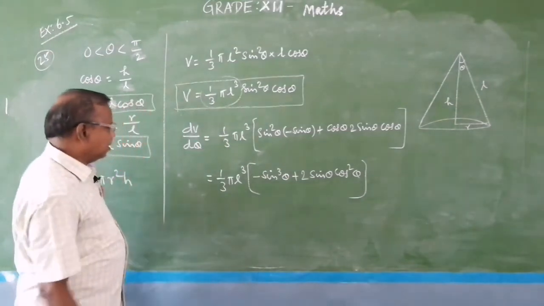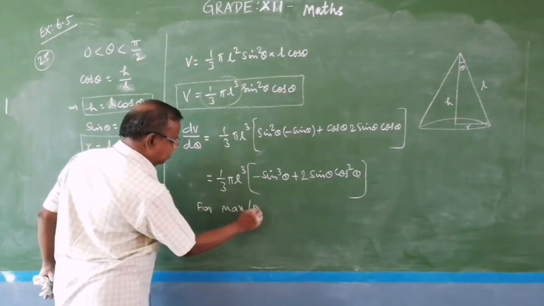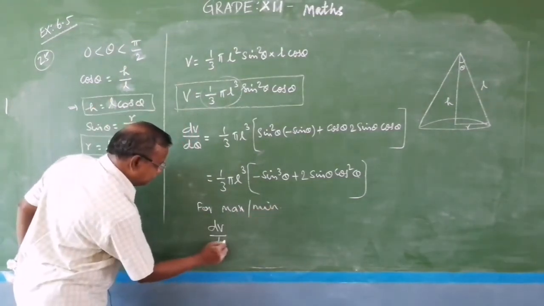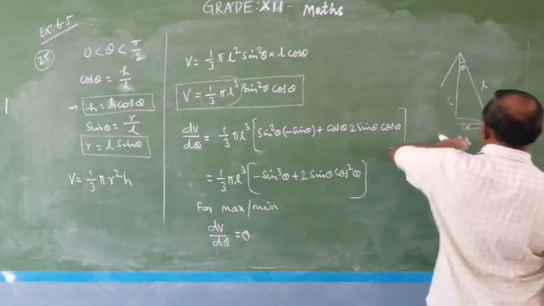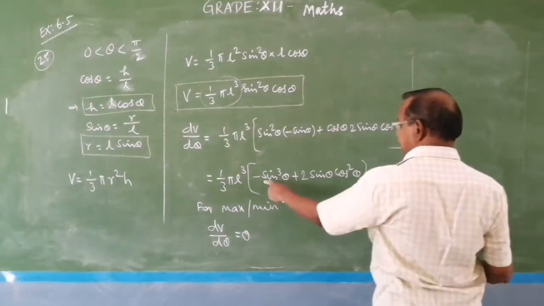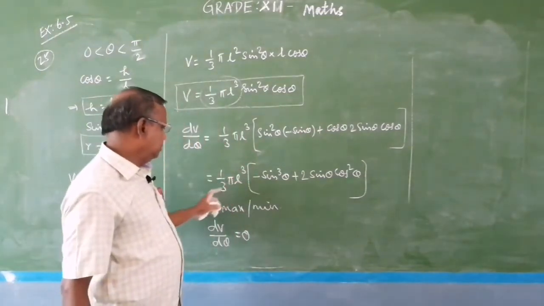For maximum or minimum, we have to put the first derivative equal to 0. Therefore, dV by d theta equal to 0. Here pi, l cube, and 3 are not equal to 0.